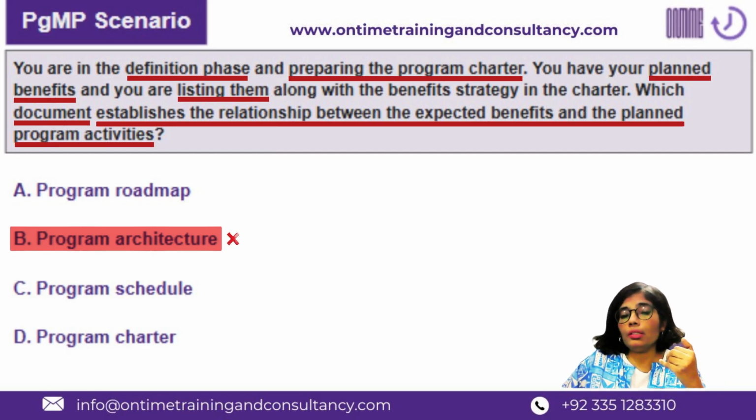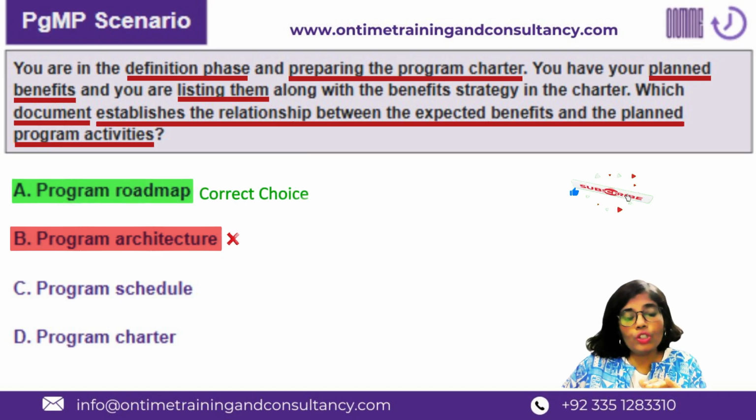But this question is asking about a way or a mechanism or a tool to implement architecture. It's not asking about the architecture as an idea. It's a concept, it's an idea. So roadmap is one such popular tool in PMI's world that represents program architecture. This is how I explain it. So yes, A is the right answer to this question.